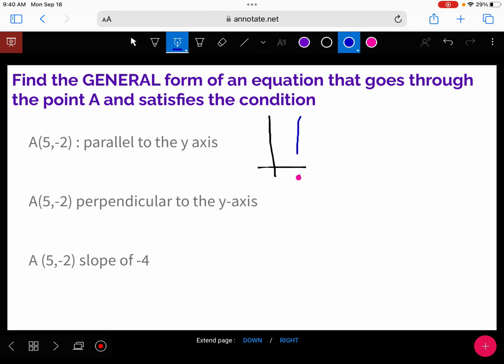How do I write the equation for a vertical line? X equals. What is our x going to equal? 5. Because it's got to go through that pink point, through 5, -2. So it goes through this one and it is parallel to that y-axis, which means it's a vertical line. So sometimes giving yourself a little sketch, not a graph, a little sketch, helps us see it. A sketch never hurts.